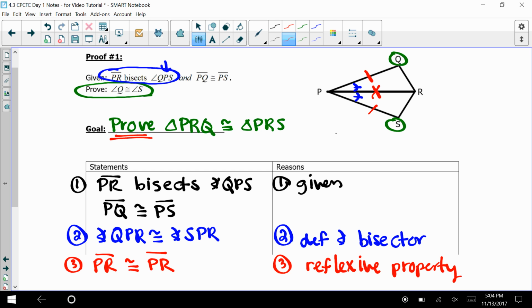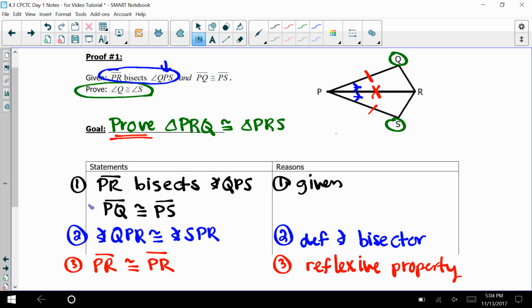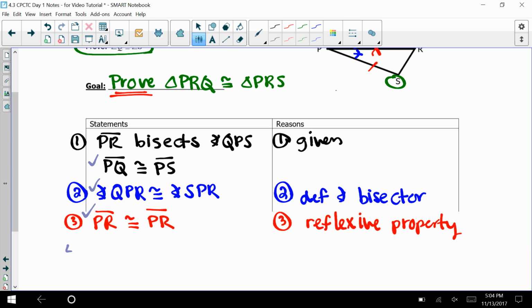Okay. Is there enough information for us to now conclude that triangles are congruent? So we have congruent sides, check. Congruent angles, check. Congruent sides, check. So side, angle, side. We can actually now state that triangle PRQ is congruent to triangle PRS through side, angle, side.